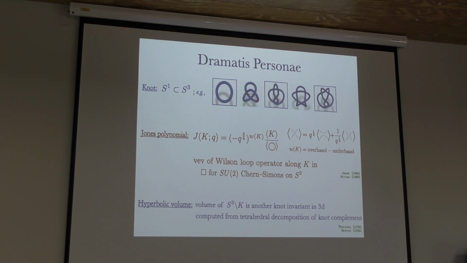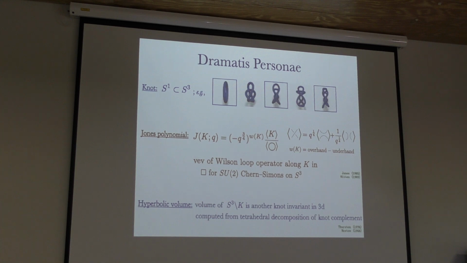This was realized by Thurston. This is part of his geometrization program to classify all 3-manifolds, and uniqueness is guaranteed by Mostow rigidity. So this combination of results means this is an interesting invariant to look at, and Thurston told us how to compute this in the so-called tetrahedral decomposition of the knot complement, into ideal tetrahedra.